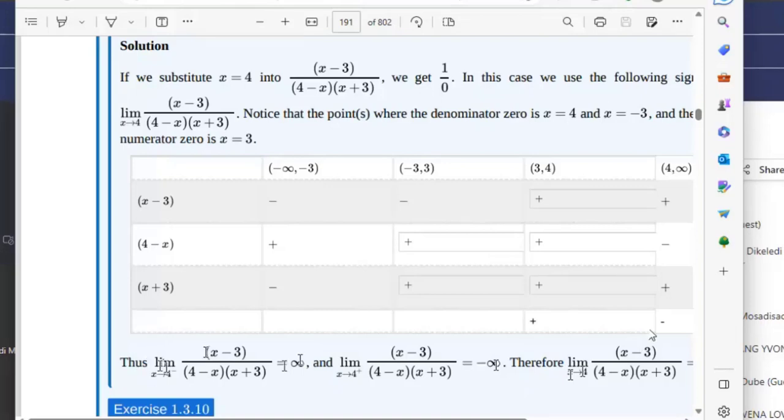All right. In simple terms, this is how my story goes. We are now evaluating the limit of x minus 3 over 4 minus x, open and close bracket, inside that bracket we have got x plus 3, as x approaches 4 from the right.